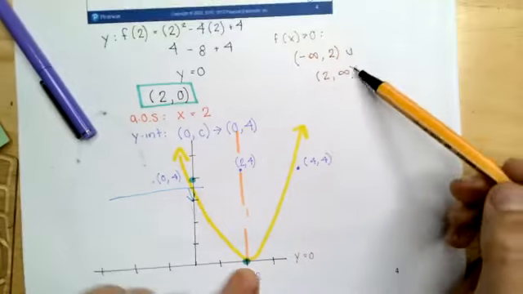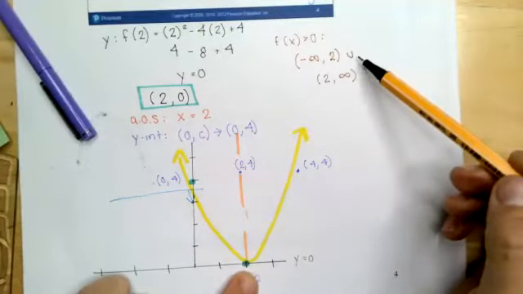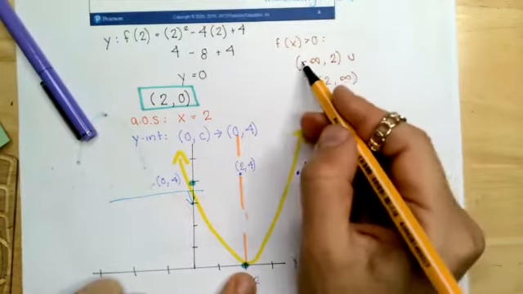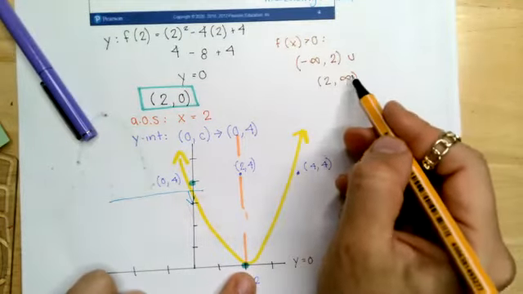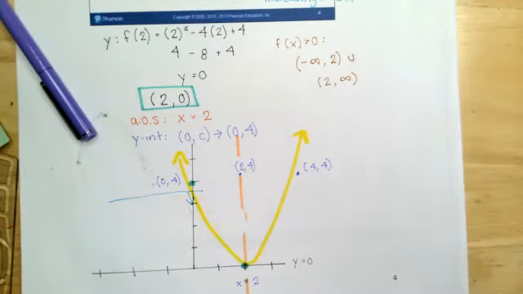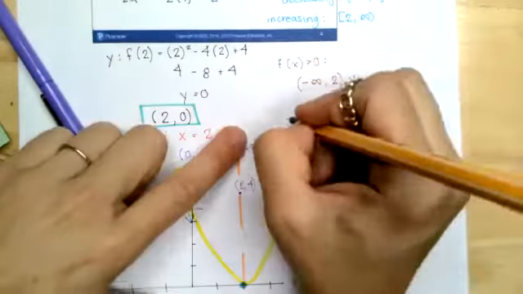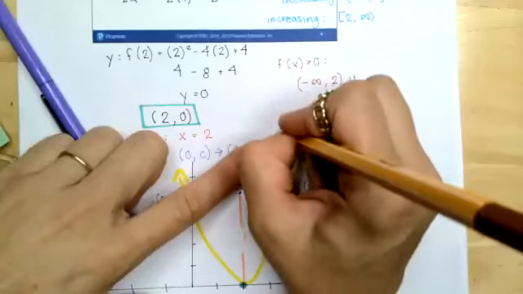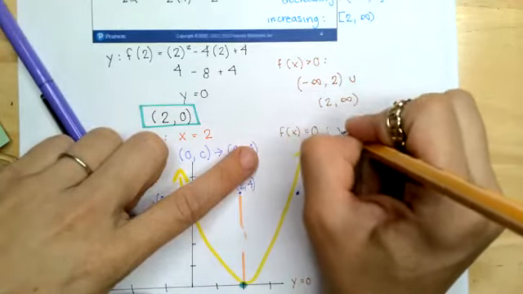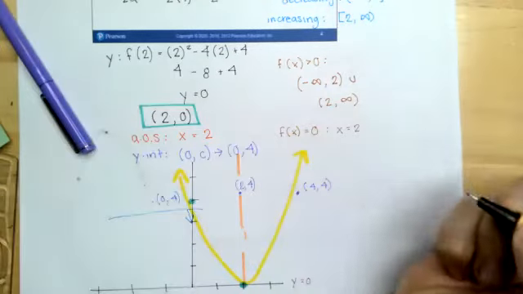So because it's touching 0 at 2, we can't include 2. But everywhere else, from negative infinity to infinity, but not including 2. That's what that means. We took out the 2. You would not say it's ever less than 0, but you can say it is equal to 0 at x equals 2.